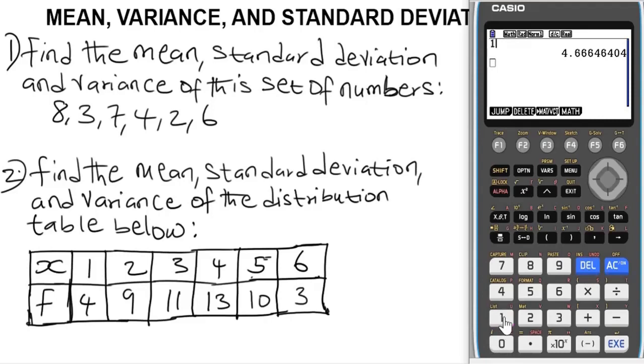So we have 1.3601 squared. Press execute. So this is the variance for this problem. It's as simple as that, guys. So this is basically how you can solve problems involving mean, standard deviation, and variance of a distribution table, and the ones that don't involve frequency data, with this Casio fx-CG50 graphical scientific calculator.